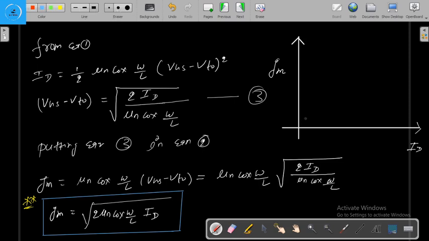This curve will be like this. It will be a parabola. This is the curve between the transconductance and the drain current, and this curve is called the current bias.